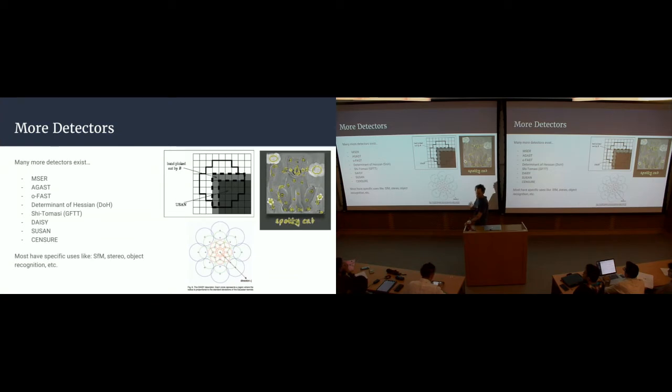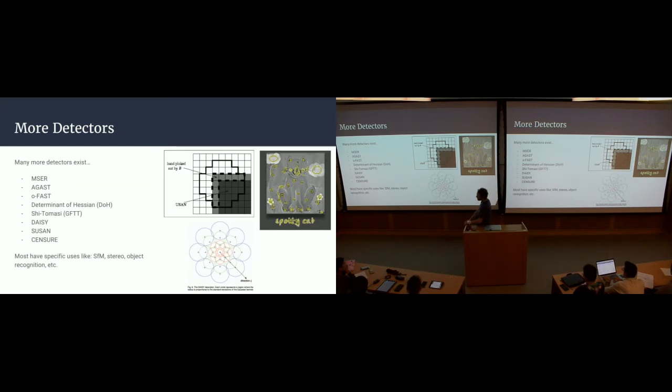The Hessian matrix is very similar to the autocorrelation matrix that we saw with the derivatives, basically a matrix of second derivatives, and you take the determinant of that, and it gives you an idea if a pixel is a key point or not.